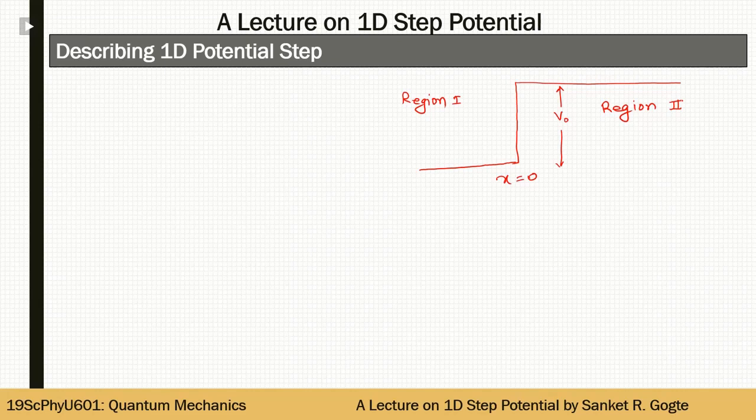Now you can see that we have a discontinuity in this potential. Remember, this is a simple graph where on the y-axis we have the potential, and the x-axis is the x coordinate.